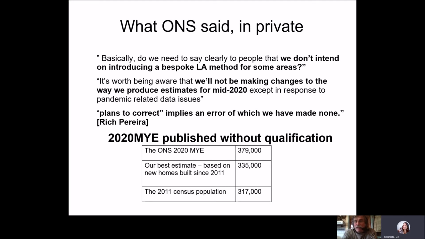They didn't warn the users that there was likely to be a problem in Coventry and other places with large student populations, places like Sheffield or Oxford or Cambridge or Exeter. There are many of them. You'll see them in another slide in a moment. They didn't do anything at all to tell the public that the numbers were untrustworthy and had been found to be so by an investigation from the official regulator. Next slide, please.